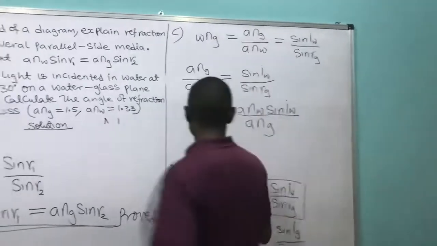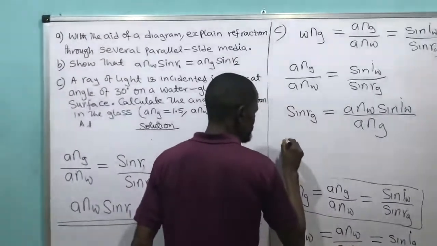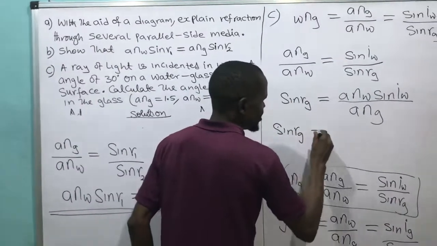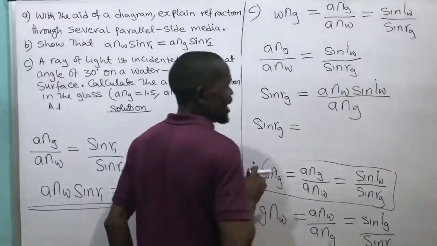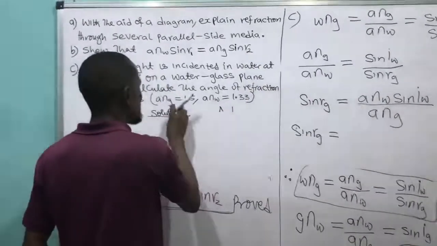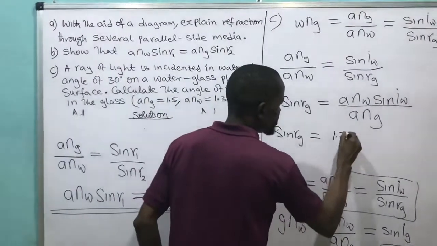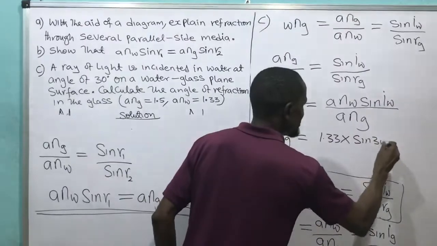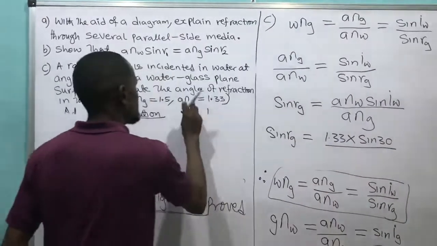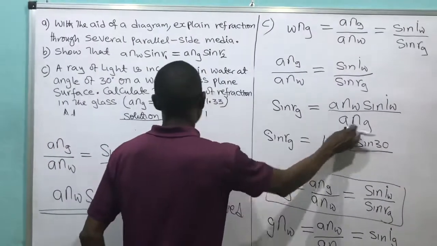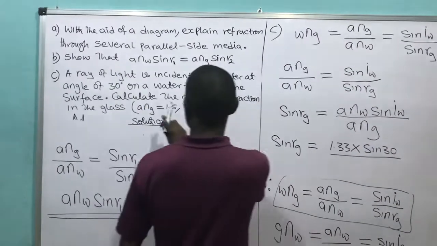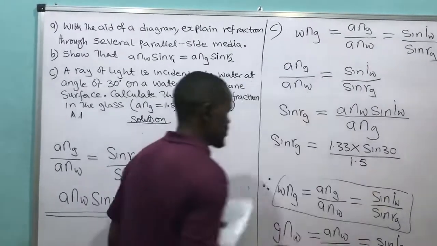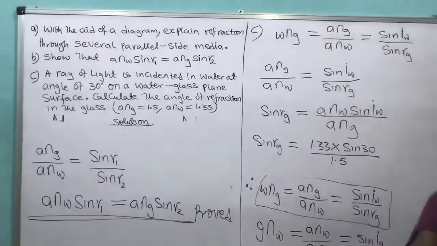That's what we have. What do they give me? Sine of r equals n of water, which is given to me as 1.33, times sine of 30, all over n of glass. n of glass is 1.5.